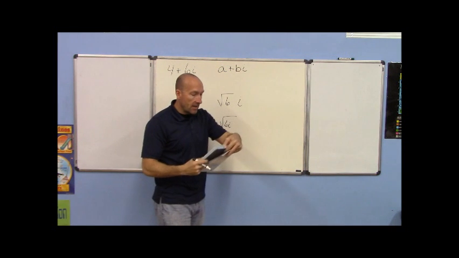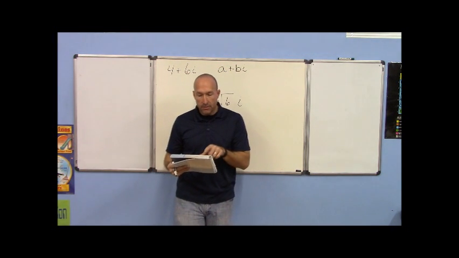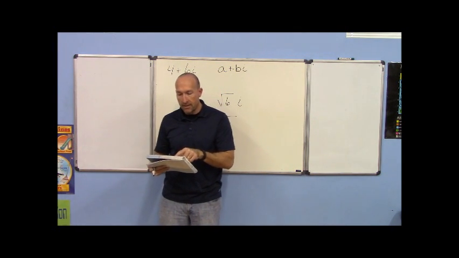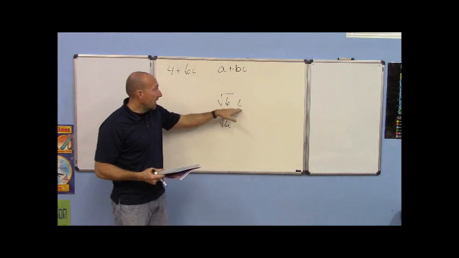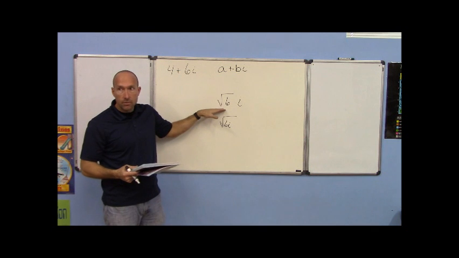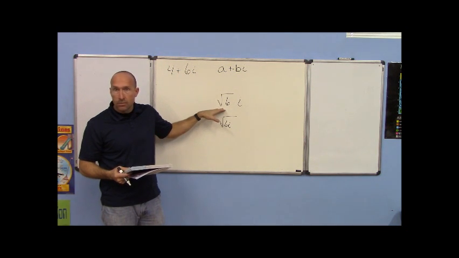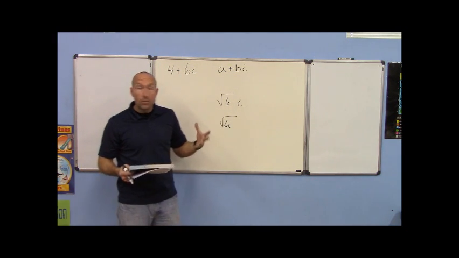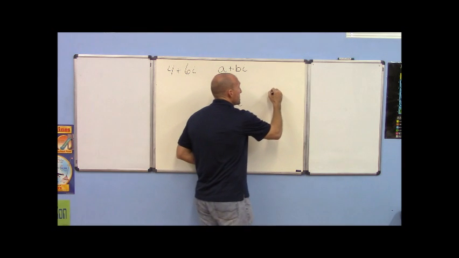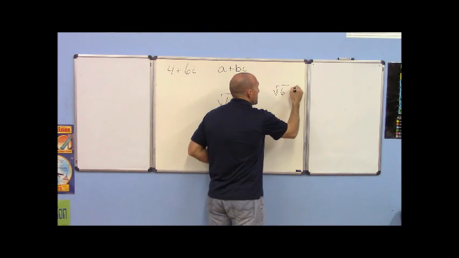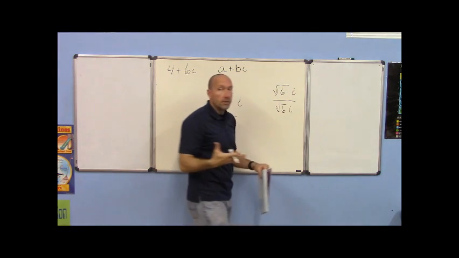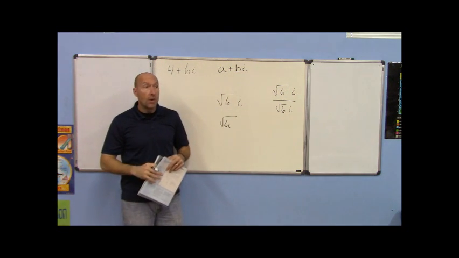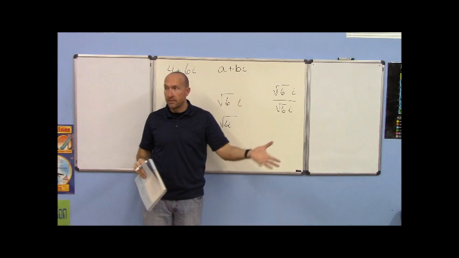Now, with that being said, notice that you're dividing by the square root of 6 times I. Here, you have to get rid of both the I and the square root symbol. So they chose this as the best option for their form of 1 to multiply it by, so that you're getting rid of both of them at one time.